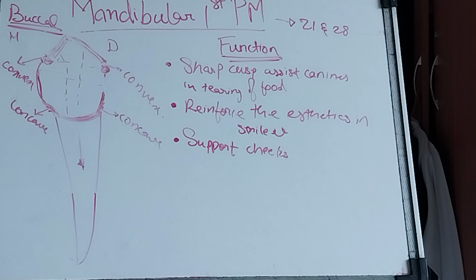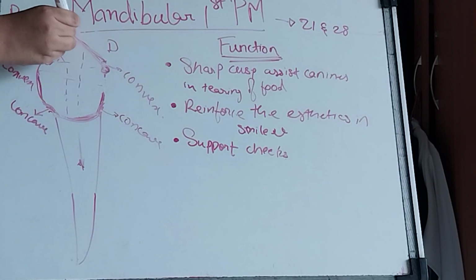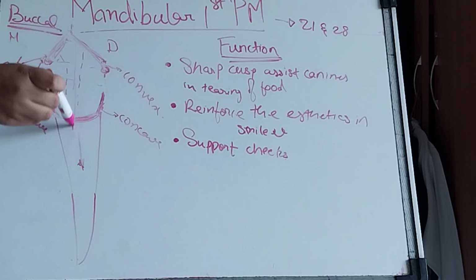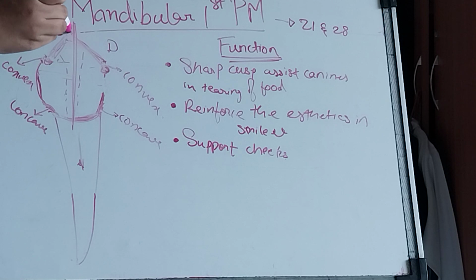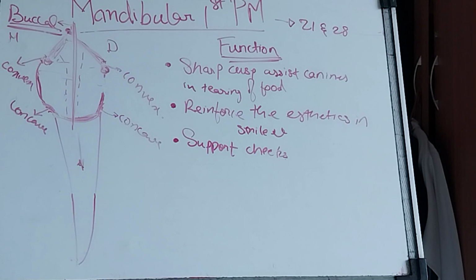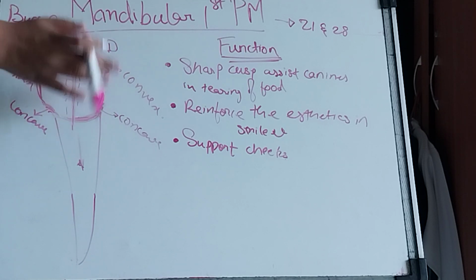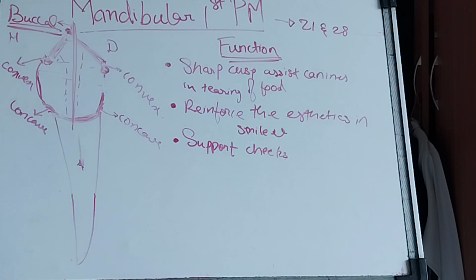The buccal cusp tip is pointed and is placed slightly mesial to the center of the crown. If this is the center of the crown, then the tip is slightly mesial, on this side. And the buccal surface is convex. If you imagine it in 3D, it is convex.